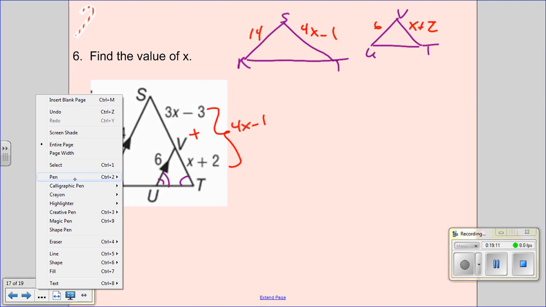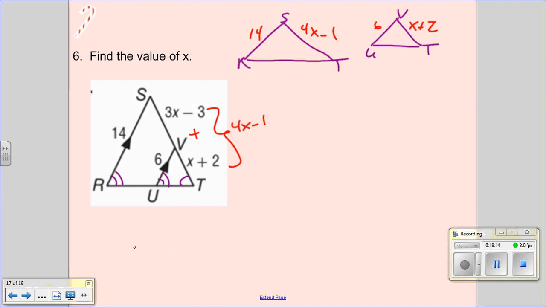And now we can write our proportions. We would say SR is to VU as ST is to VT, or you could say SR is to ST as VU is to VT.